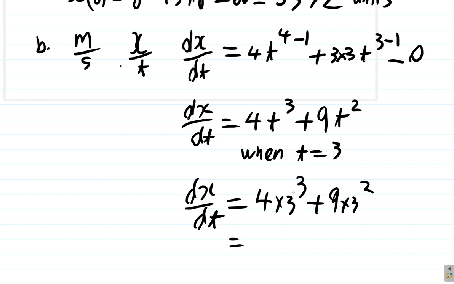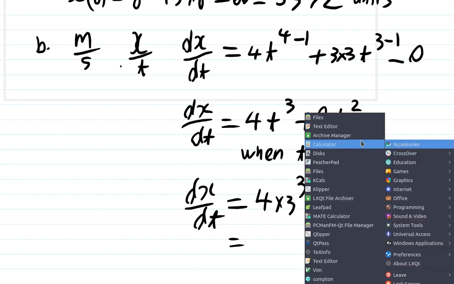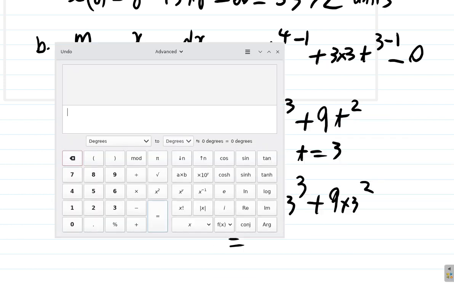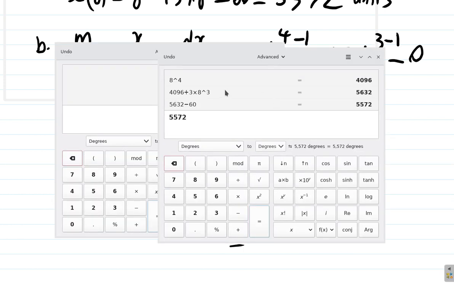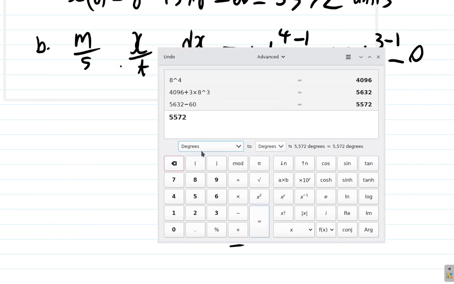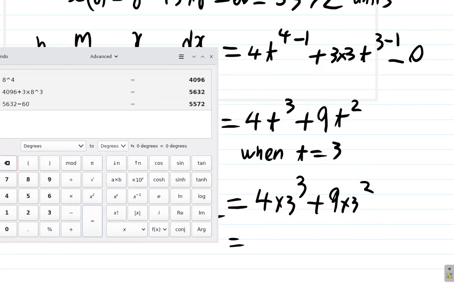So let's work that out with our calculator. We have 3 cubed is 27, times 4 is 108, plus 9 times 3 squared, which is 9 times 9, equals 189.